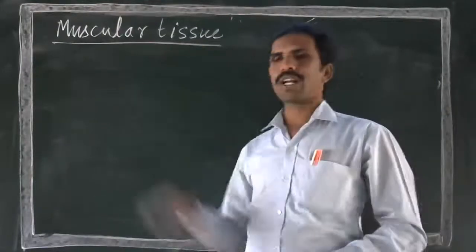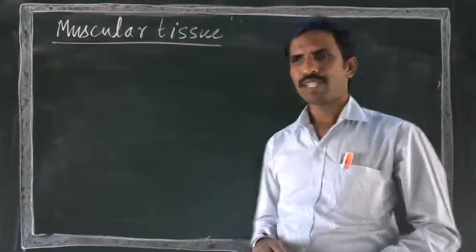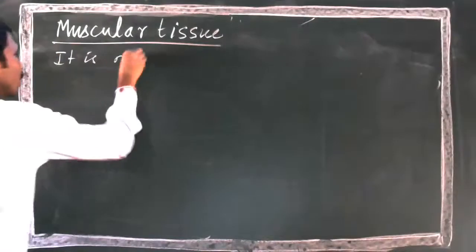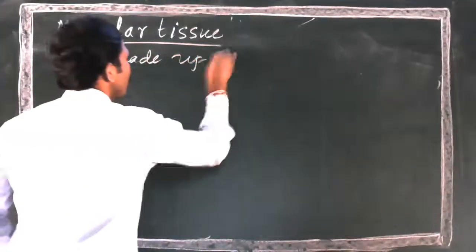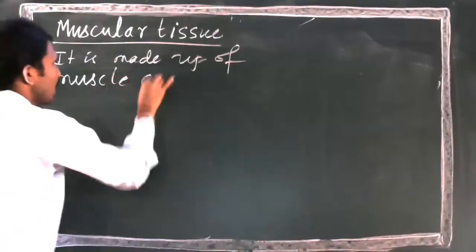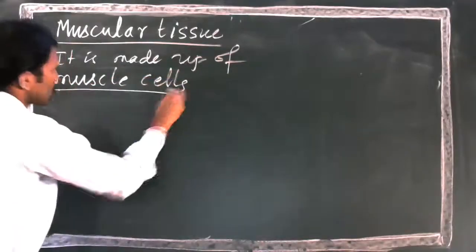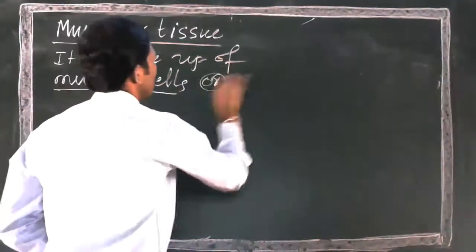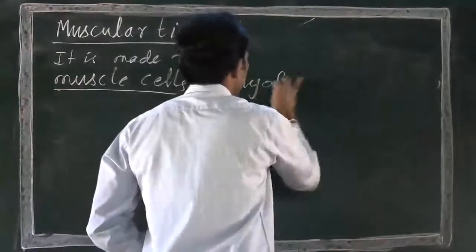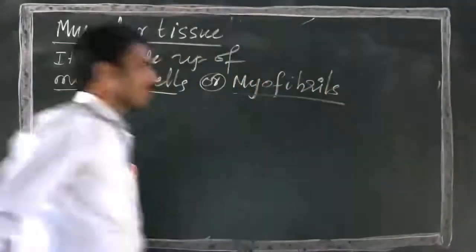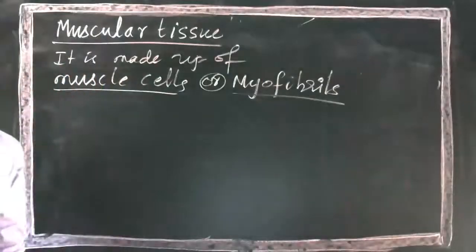Similarly, muscular tissue also is involved. Muscular tissue is made up of muscle cells. What do we call muscle cells? Myofibrils. We call muscle cells myofibrils.